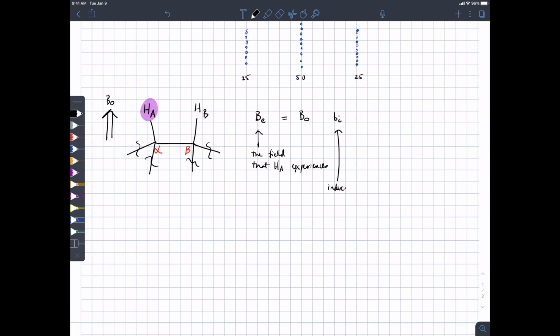This is what happens when the external magnetic field causes electrons in the molecule to move around in a way that generates an induced magnetic field. Most of the time it opposes the external magnetic field, but in the case of benzene, it can reinforce it. So I'm just going to make a note here that this could be positive or negative, depending on the situation. We'll just use a plus sign, and then we'll say this number can be positive or negative.